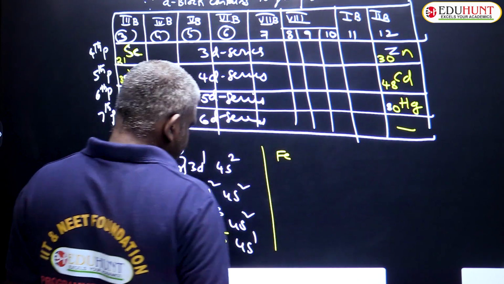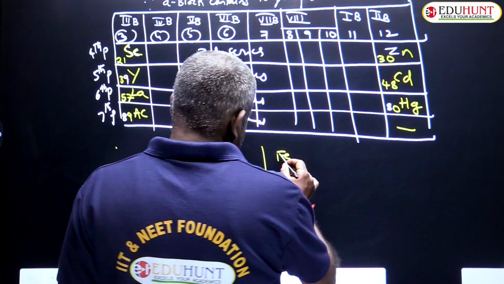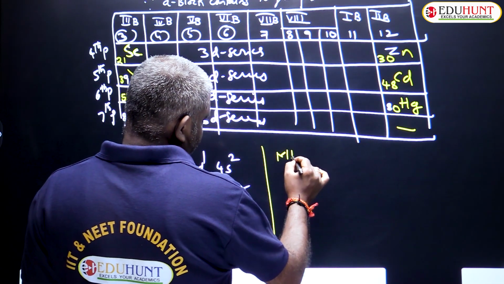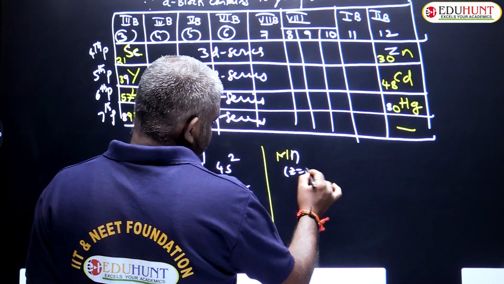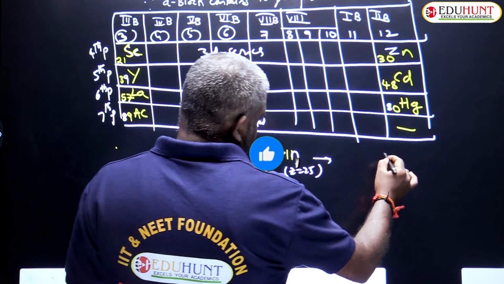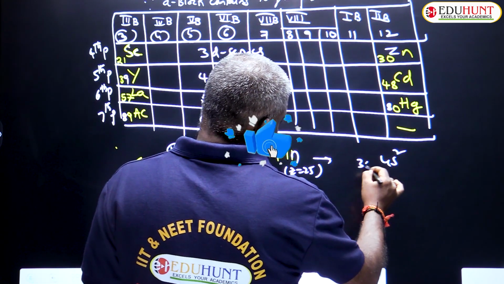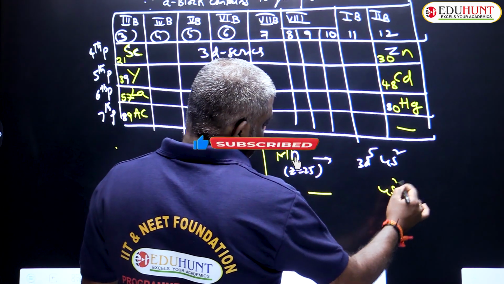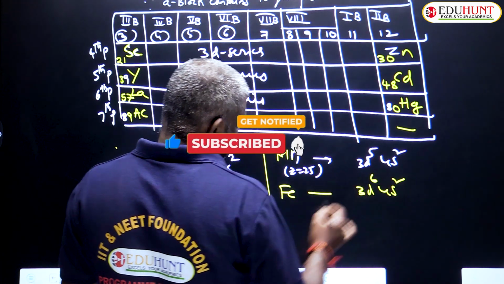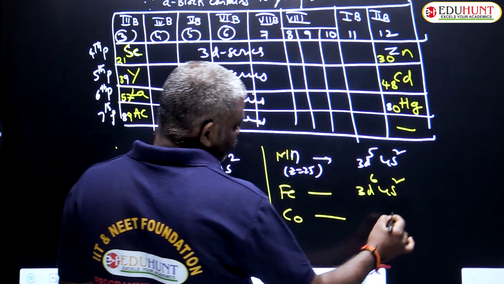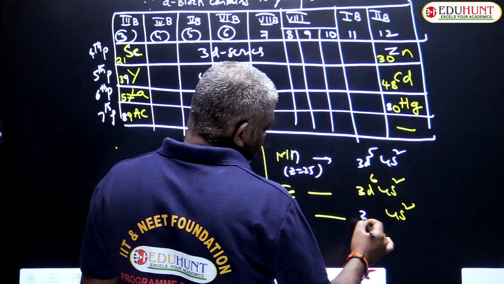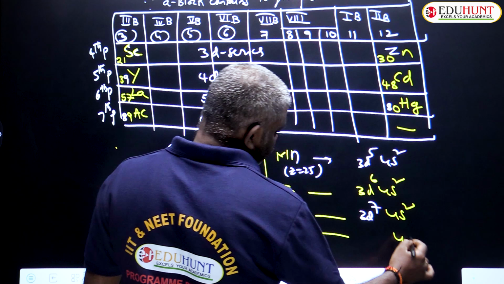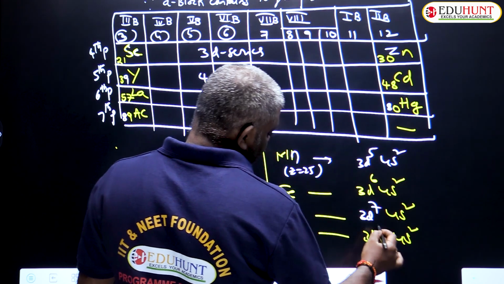Manganese, atomic number 25, is 4s2 3d5. Iron is 4s2 3d6, cobalt 4s2 3d7, and nickel 4s2 3d8.